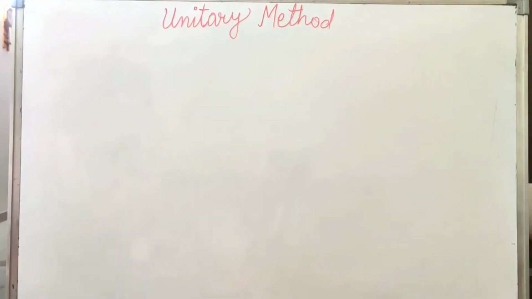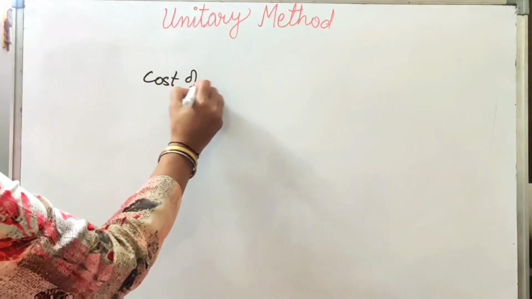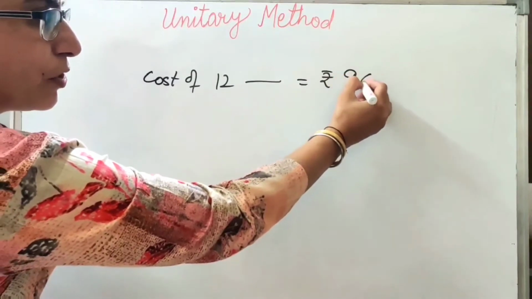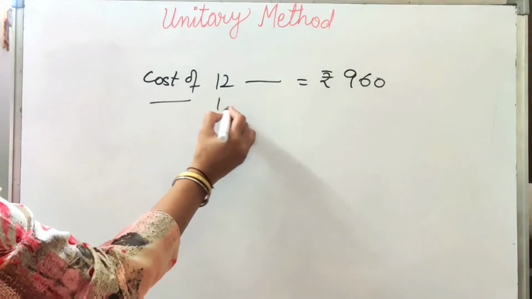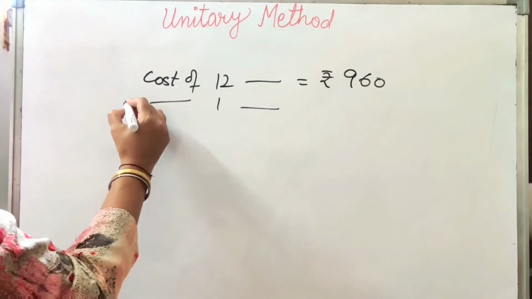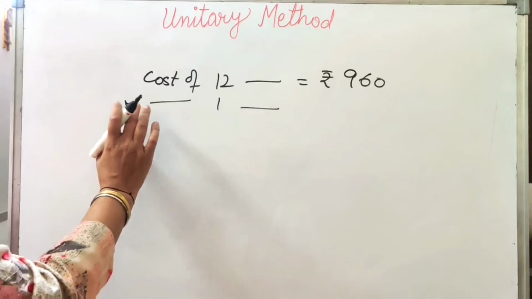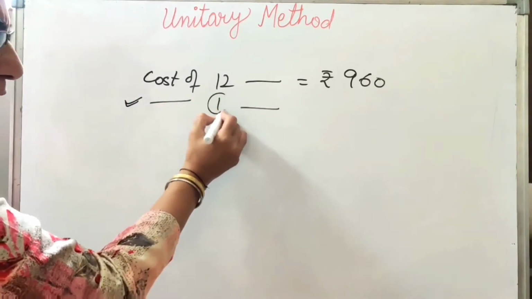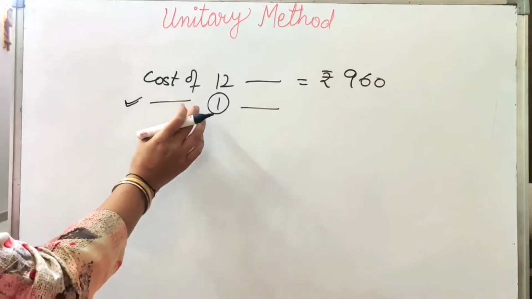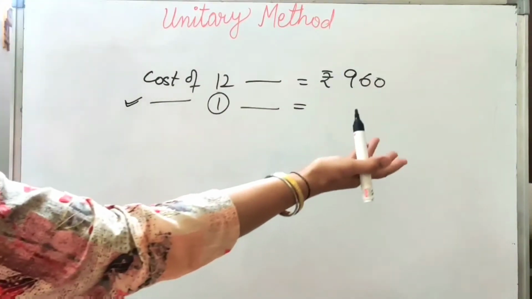In a simple unitary problem, if we are given that the cost of 12 articles is rupees 960, then we find the cost of one article. When you are finding the value for one, wait for a few seconds and think whether the value will be more or less.